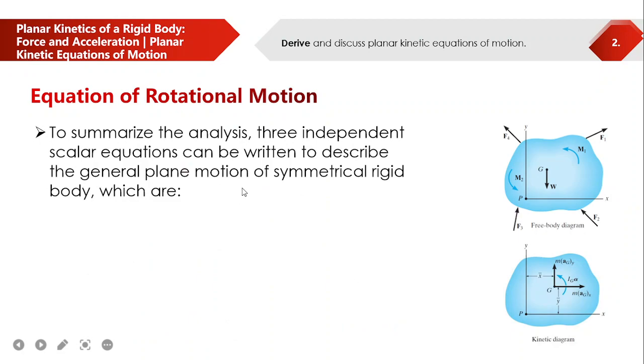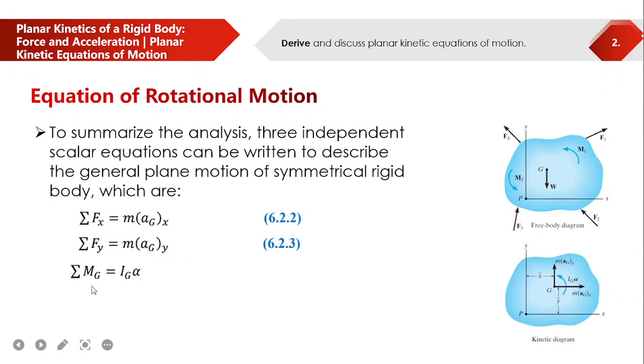To summarize the analysis, three independent scalar equations can be written to describe the general plane motion of a symmetrical rigid body. First, the summation of all the forces along x is equal to mass times the acceleration at point g along the x-axis. The summation of all the forces along the y-axis is equal to mass times the acceleration of the center of mass along the y-axis.